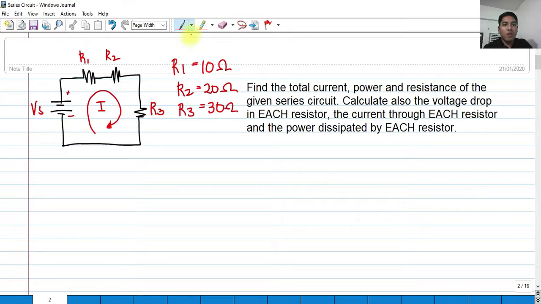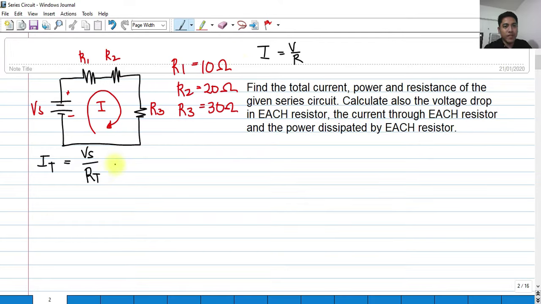So the problem is asking, what is the total current? The very first thing we find is the total current, the total power, and the total resistance. In order to find the total current, I sub T, by Ohm's law, I equals V over R. Since this is total current, this must be the total supply voltage over the total resistance.